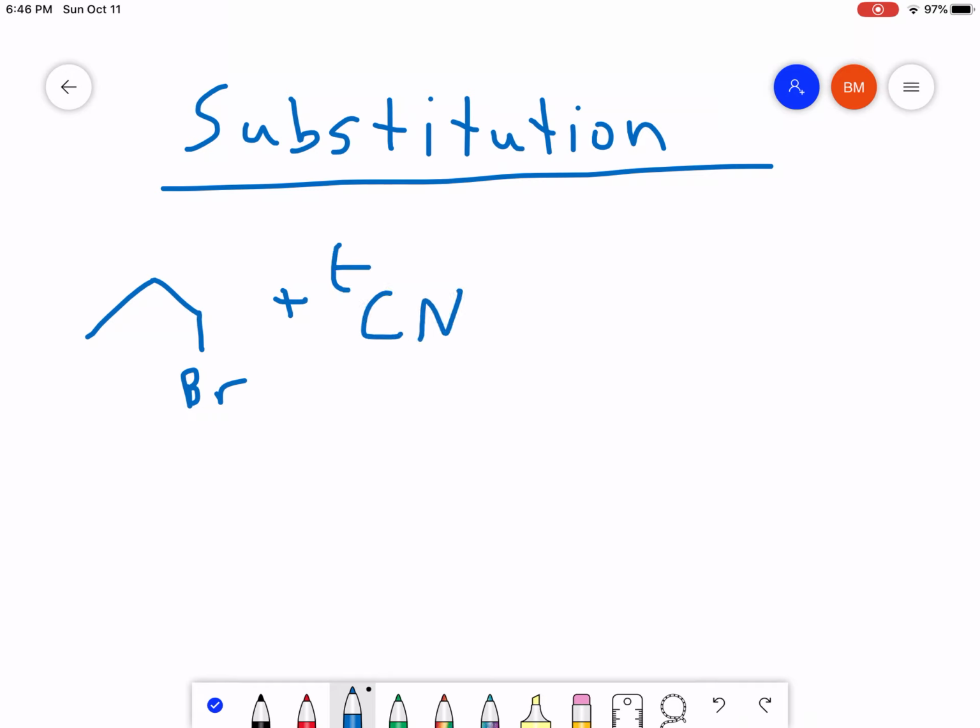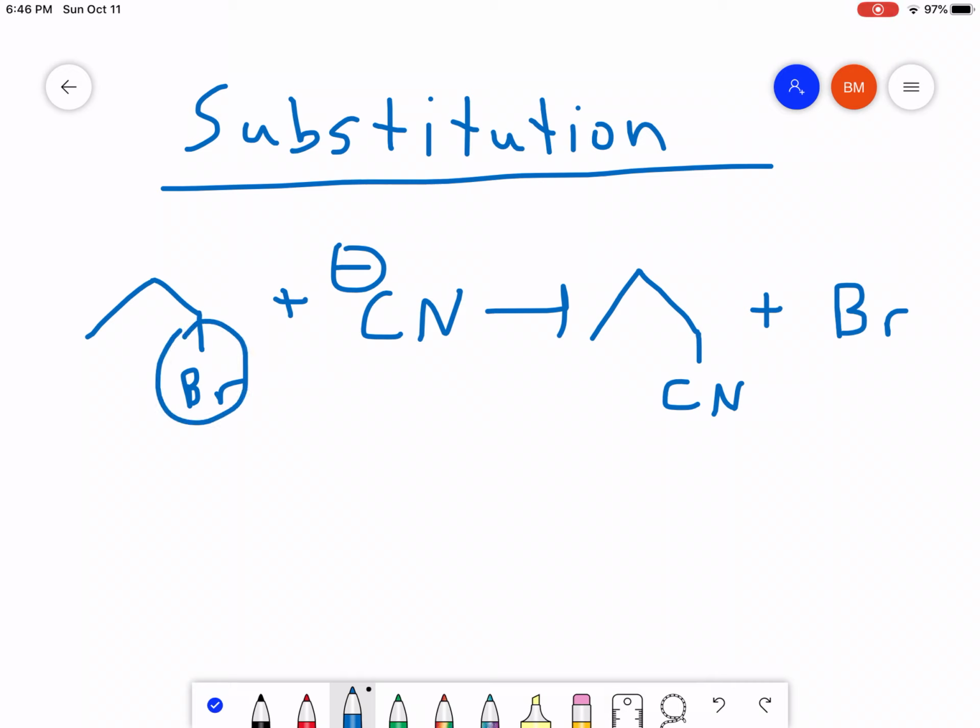Let's say we put in CN minus. In this case, literally what happens is that the CN minus swoops in and takes the place of the Br, and then the Br has left, taking this pair of electrons with it. So the CN minus has substituted for the Br minus.